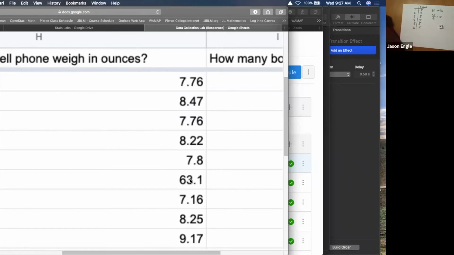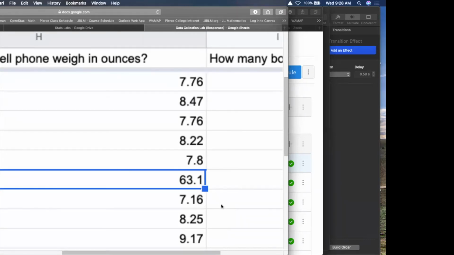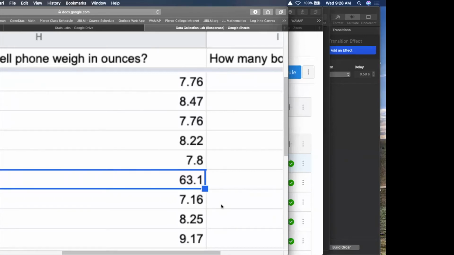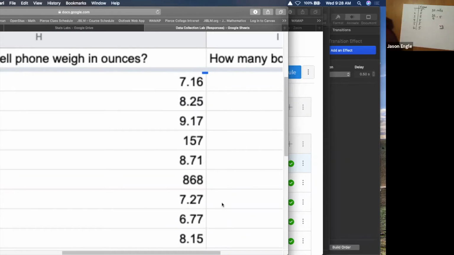I suspect there's some human error right here too, or else somebody had a brick for a cell phone. 63.1 ounces? You know, there's 16 ounces to a pound, right? So that's like a 5-pound cell phone. You're going to break your back carrying that around in your pocket.